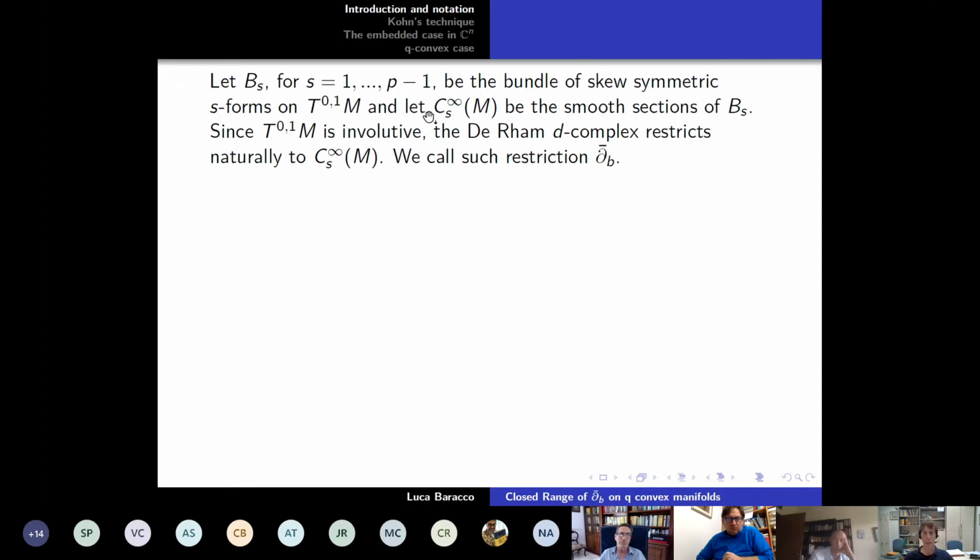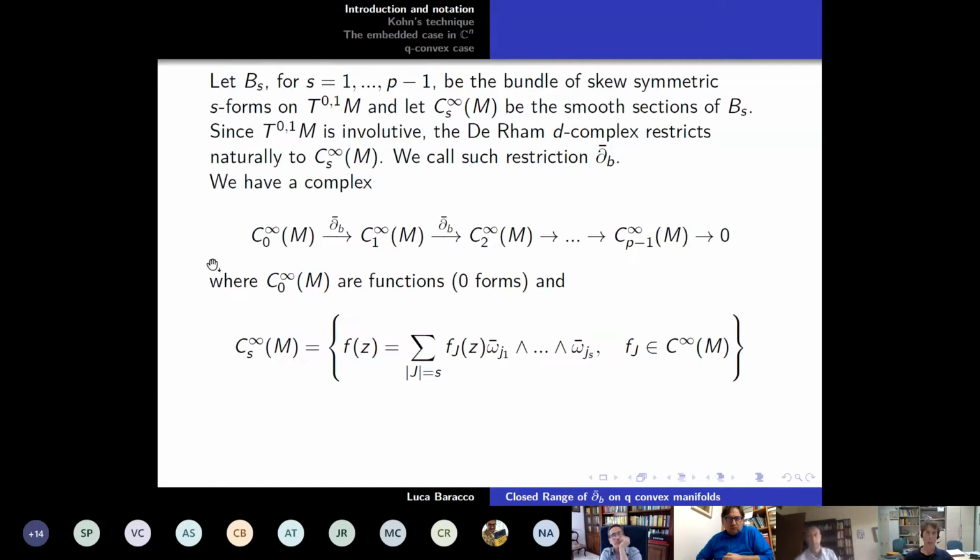Now, since T^{0,1}M is involutive, the de Rham complex restricts naturally to C^infinity_S(M), and we call such restriction D bar B. So we have a complex like this, where C^infinity_0(M) are the zero forms, which means smooth functions, and C^infinity_S is the set of all forms that can be written in this way, a summation over all the multi-indexes J. J is a multi-index with S slots, and its components are J_1, ..., J_s, and F_J are smooth functions on M.